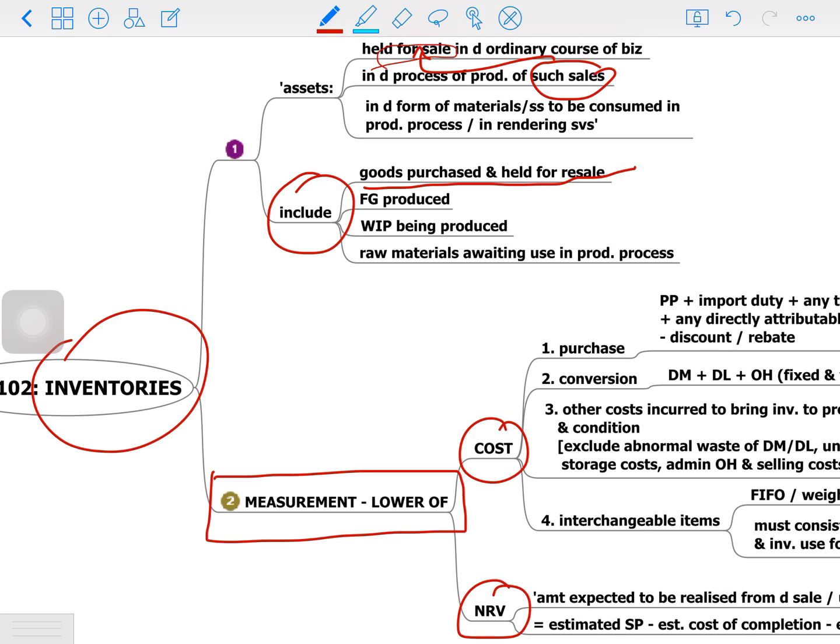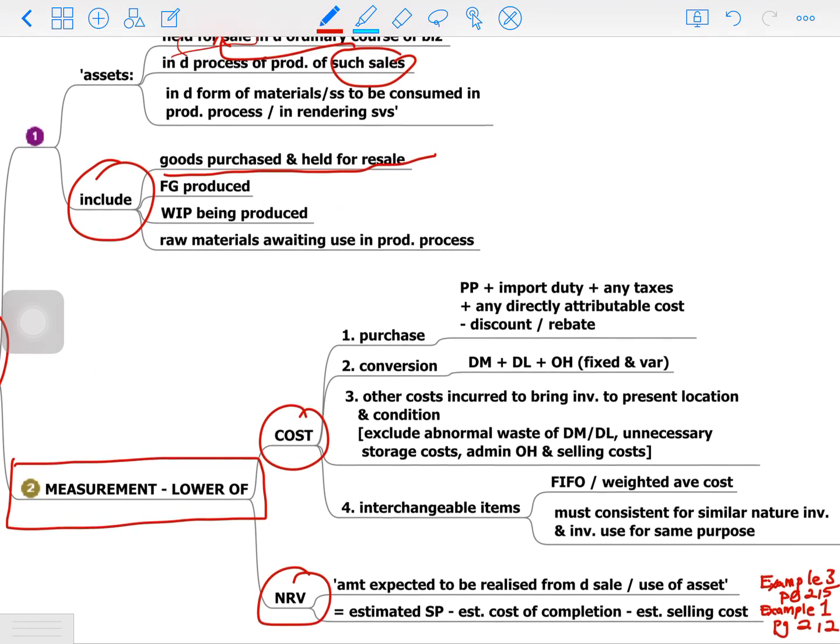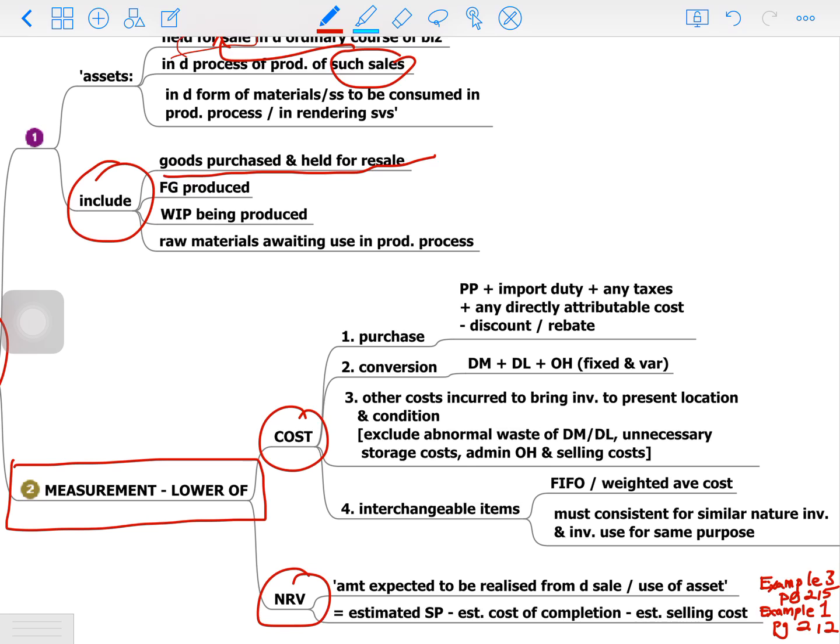First, the cost. So what does cost mean under FRS 102? Under FRS 102, the cost of a product should include the cost of purchase of the product, the cost of the product itself when you first bought it. Of course, when you first bought it, in the receipt they will mention how much is the cost of the product itself.